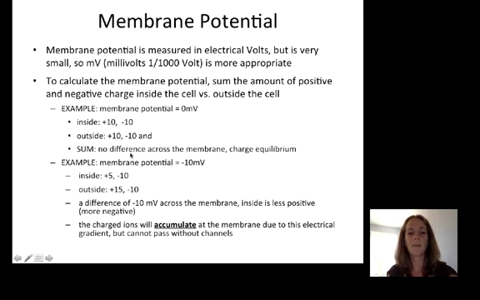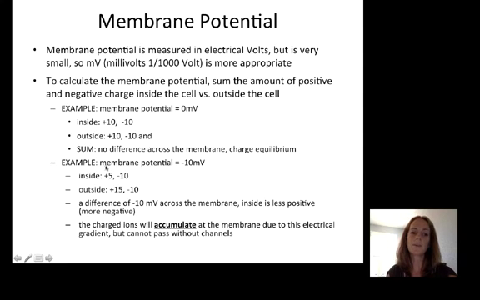We would then sum them up and look at inside, subtract the outside, and we would see that 10 minus 10 is 0, -10 minus -10 is also 0. We have no difference of charge across the membrane. This will be neutral charge.